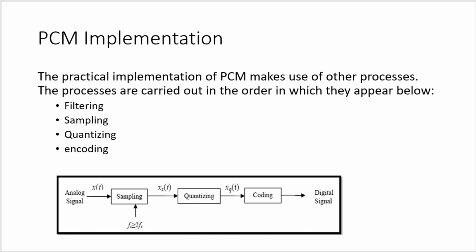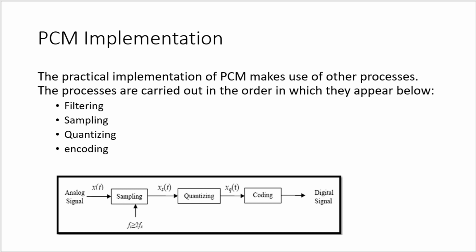Simply, we can say that the filtering step removes frequencies above the highest signal frequency. If the frequency is not removed, it may cause problems when the signal goes through the stage of sampling. It practically improves the process, but we can ignore it in theory.